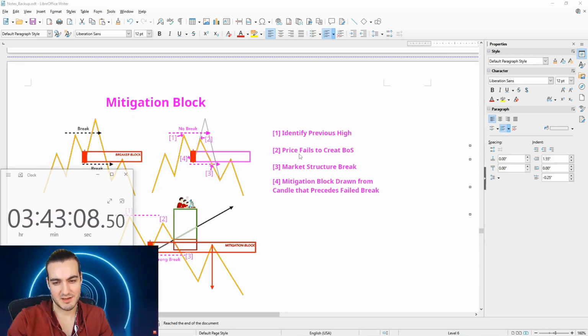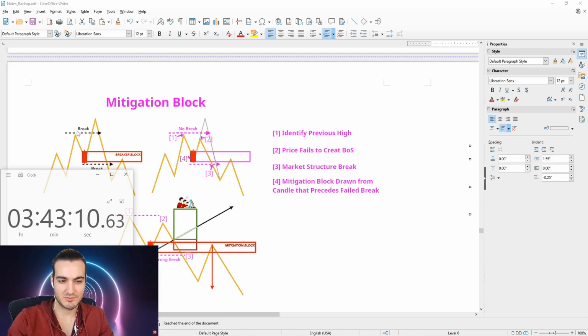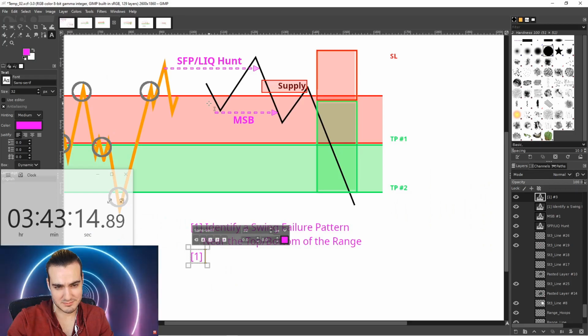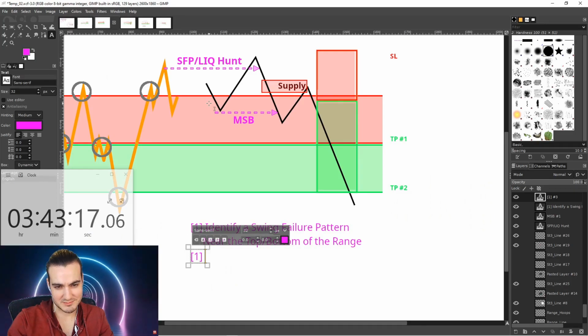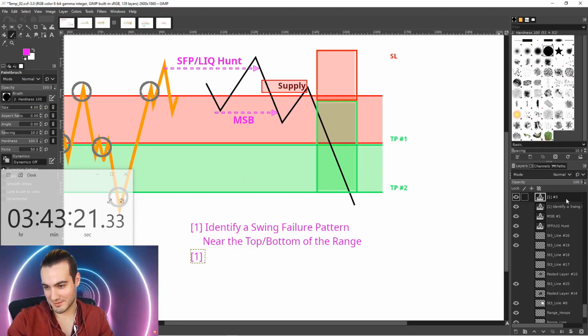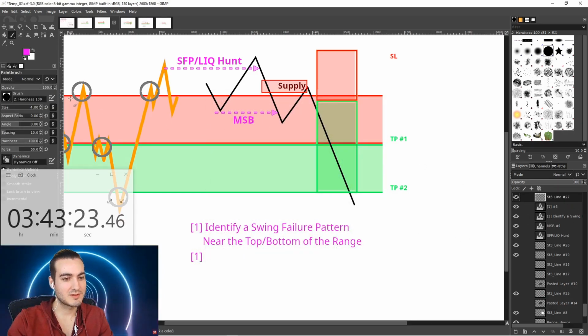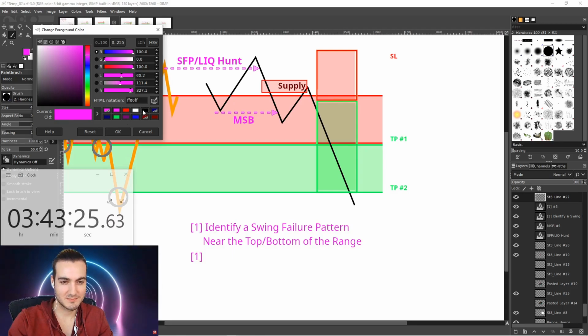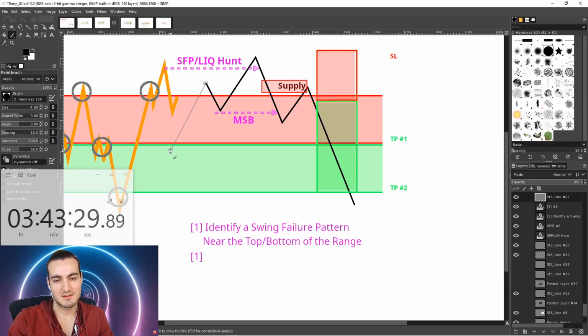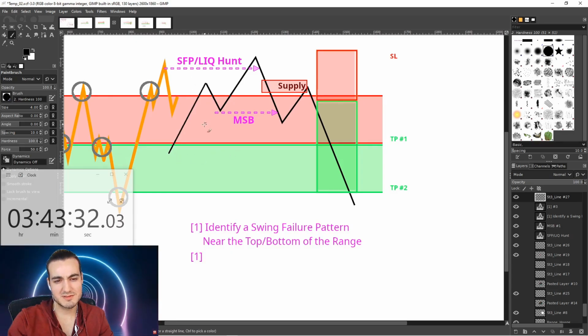Identify previous high, price fails to create the break of structure, where in our example, hey, wait a second. Okay, it does, because we have to assume. Let me draw this in real quick, just so you guys don't think I'm crazy. We assume price looks like this.